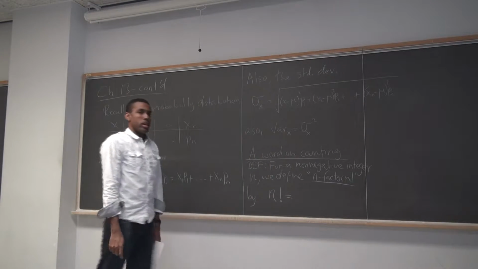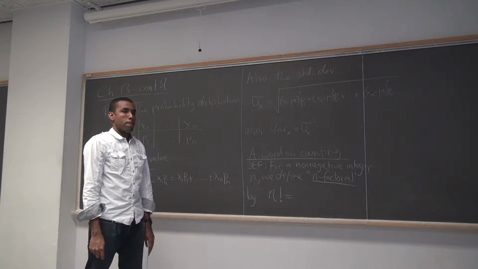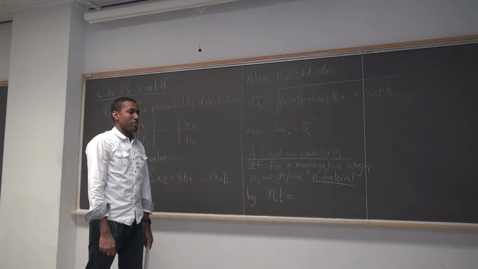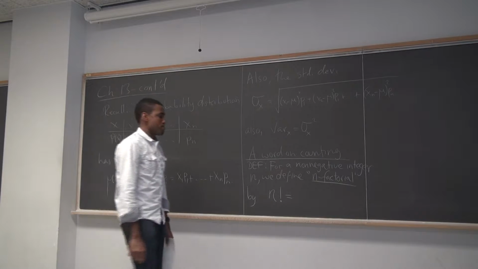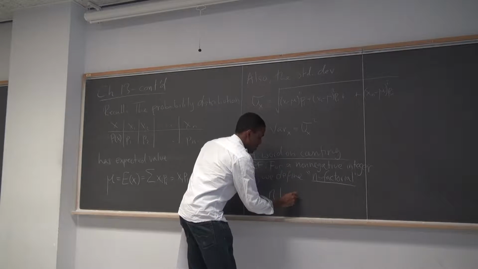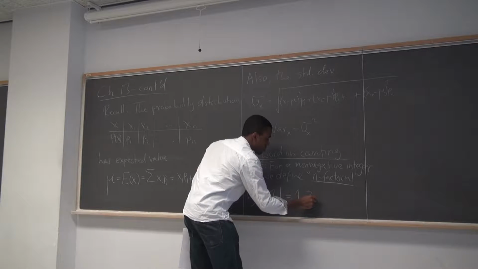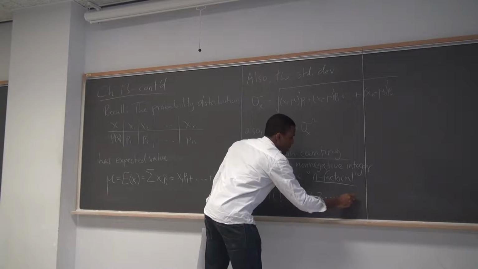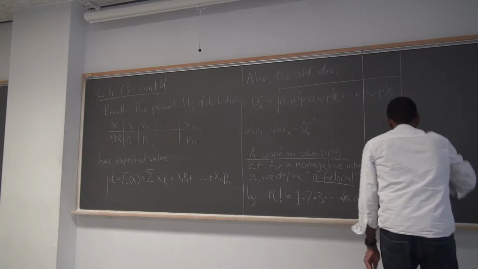Does anyone know what that is? Yeah, but how is it defined? No. So it's the product of all integers from 1 up to the number n: 1 times 2 times up to n minus 1 times n.